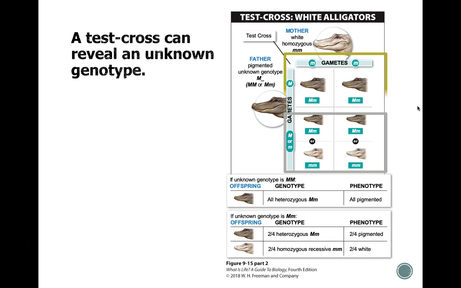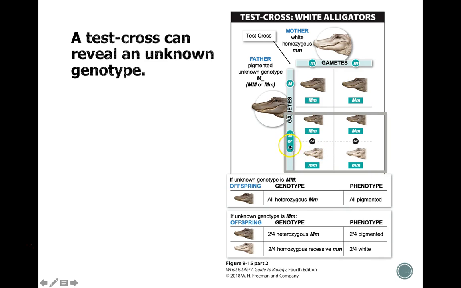The other possibility is that the dad is heterozygous. Now, if he's heterozygous, we're going to get a different situation in the offspring, because half of his gametes are going to have the dominant allele, and so all of the individuals are going to be normally pigmented.